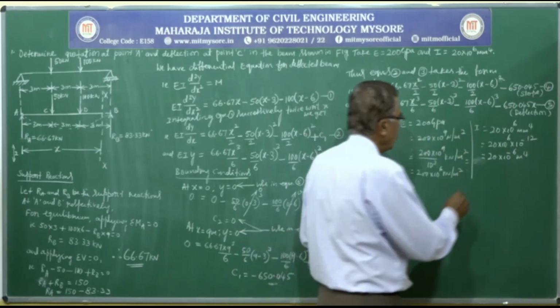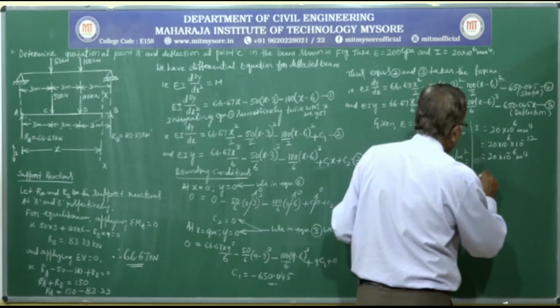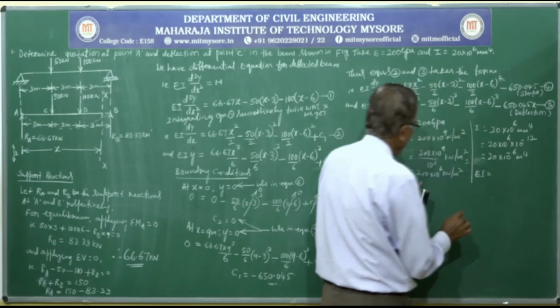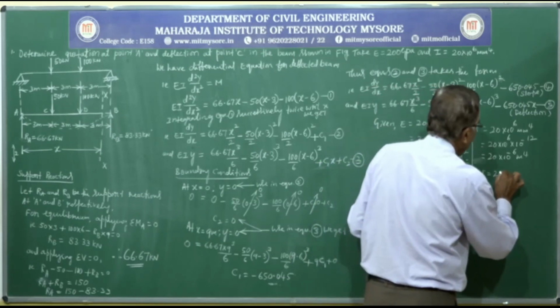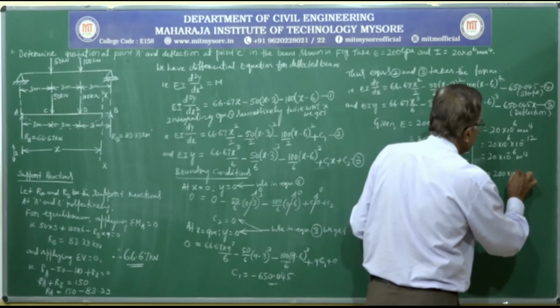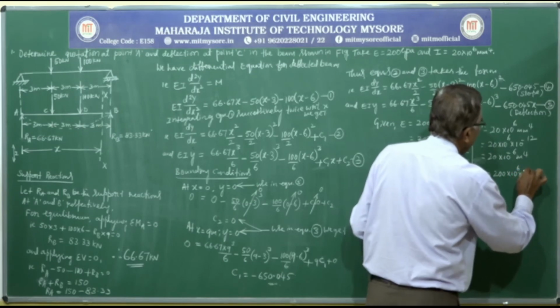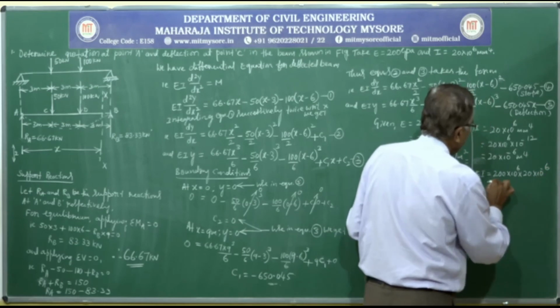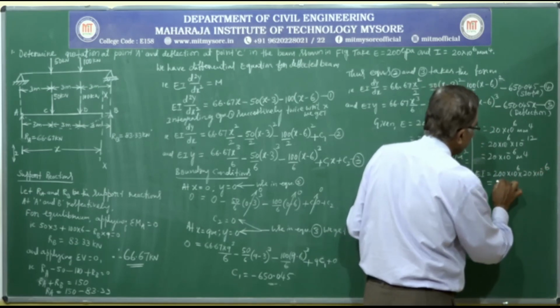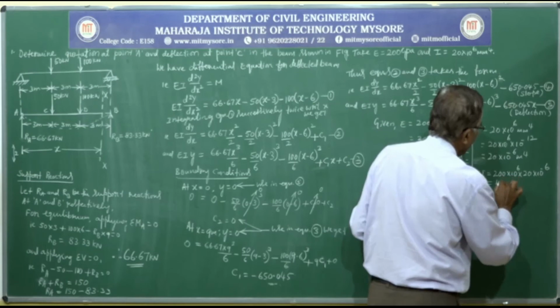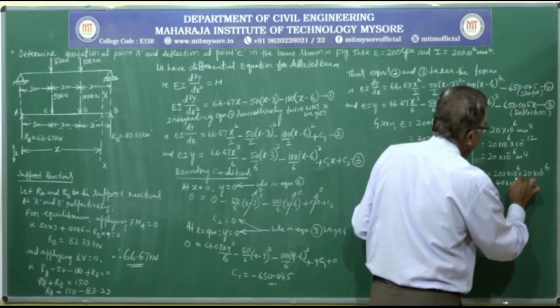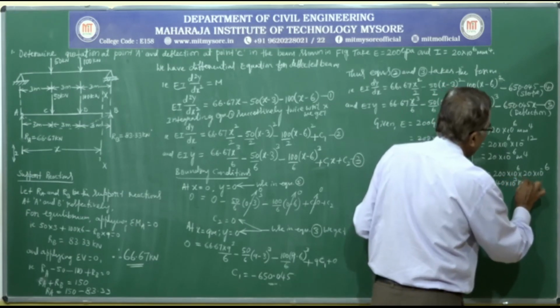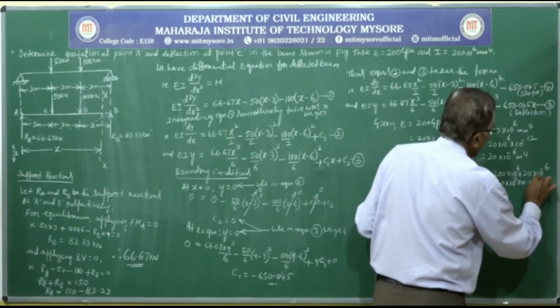And if you multiply E with I, EI is equal to 200 into 10 power 6 multiplied by 20 into 10 power minus 6, that is equal to 40 into 10 power 3 kilonewton meter square.